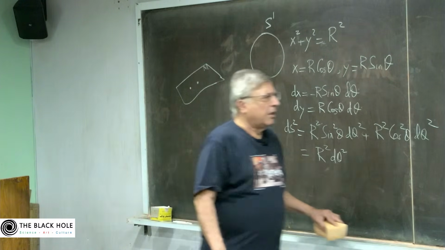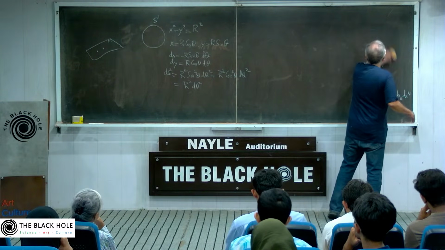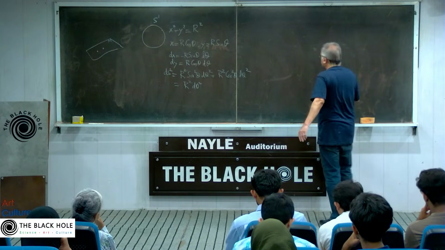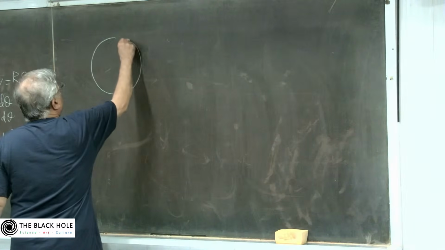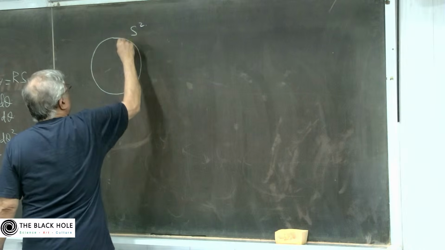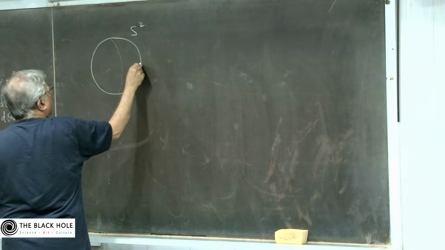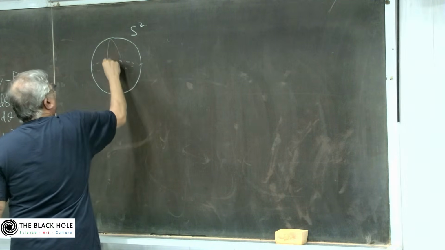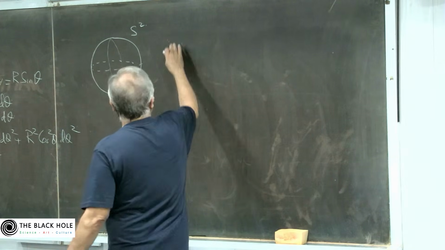But what about when you go to something slightly more complicated? Let's go to a sphere embedded in 3 dimensions, that is, S2. What's the difference over here?